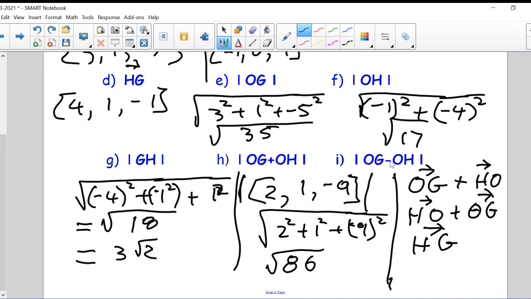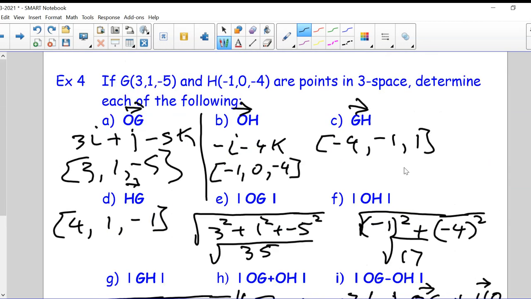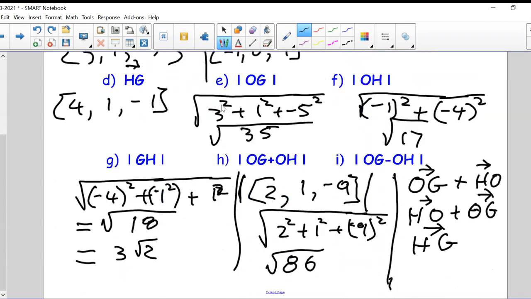If I wanted to take the OG vector minus the OH vector, I could have taken the points and actually subtracted the components. So for instance, OG is the first one, which is this one here, 3. Right? If I subtract these, so it's going to be 3 minus 1, which should give me the 4, right? The component 4. So I'm putting it as a vector now.